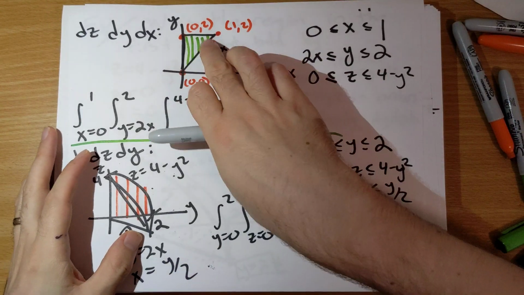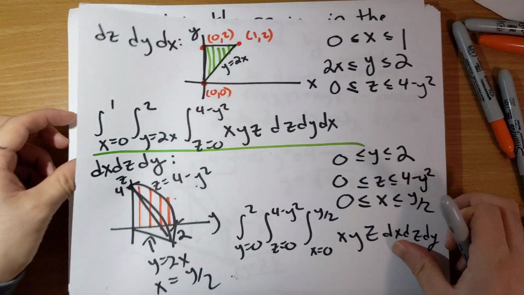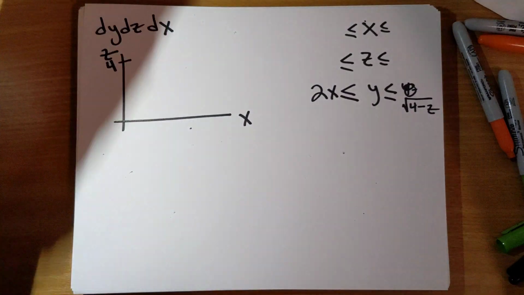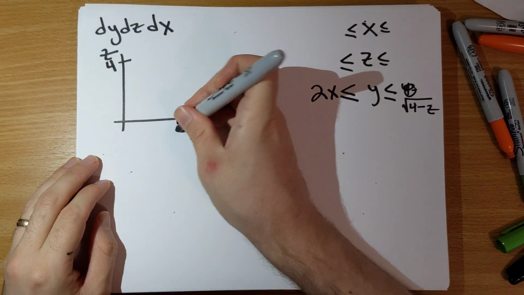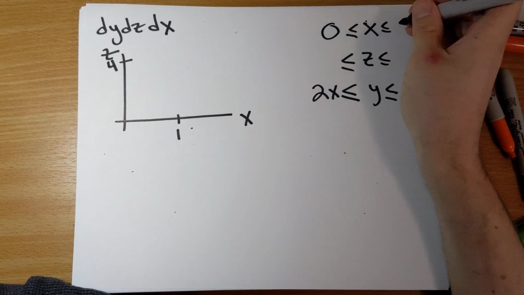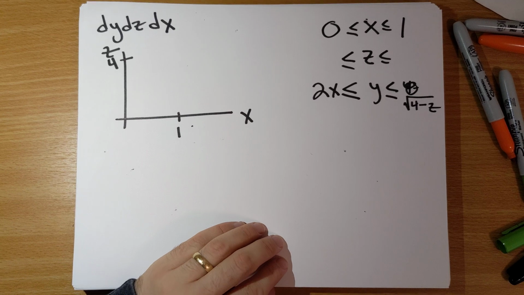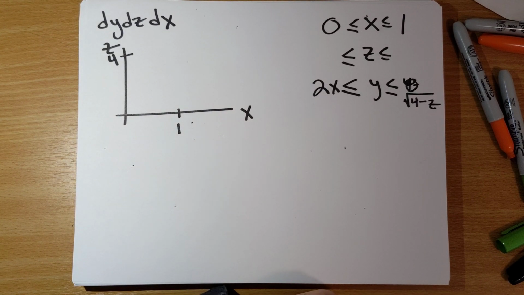We also remember from before that the biggest x could be is 1. And so if we're doing constant bounds in x, those constant bounds have to be between 0 and 1.